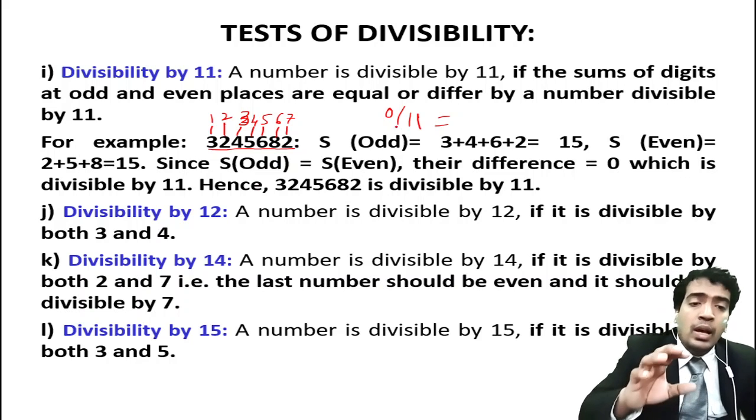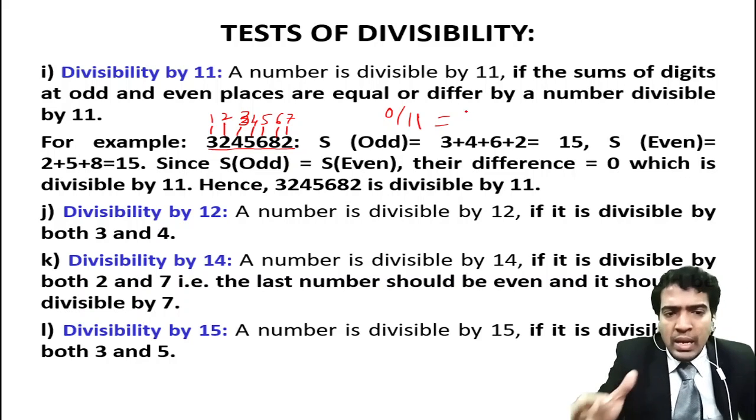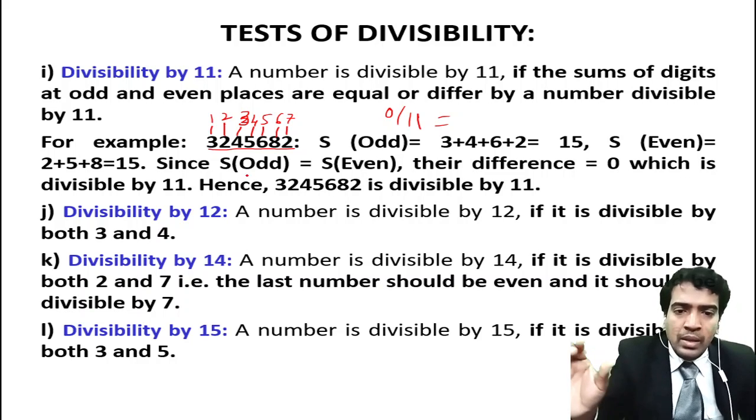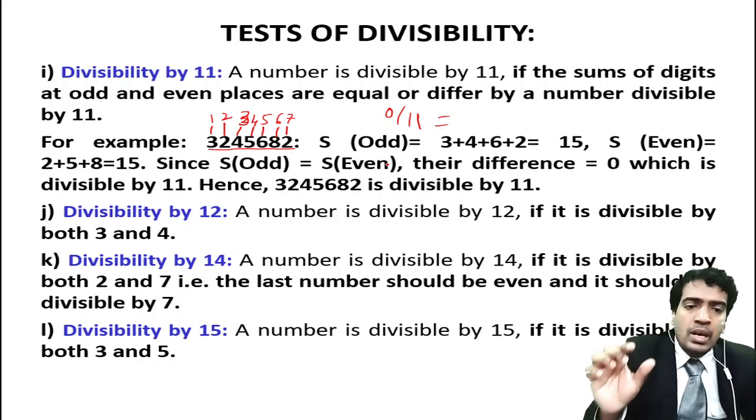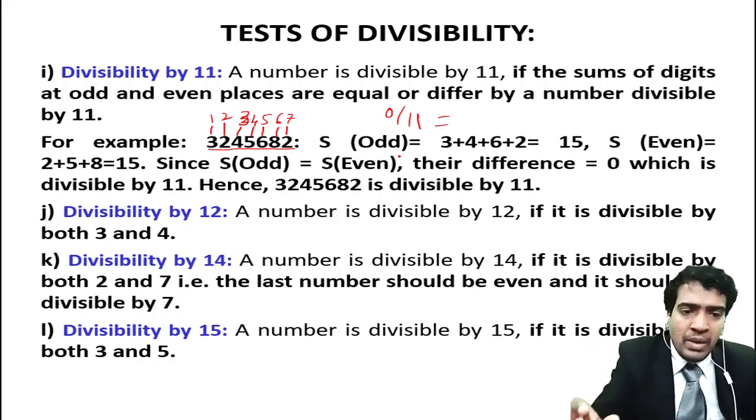So again, it can be 0 or any number. When the difference between the sum of the digits in the odd position and the sum of the digits in the even position is either 0 or a multiple of 11, then you would say that the given number also is divisible by 11.